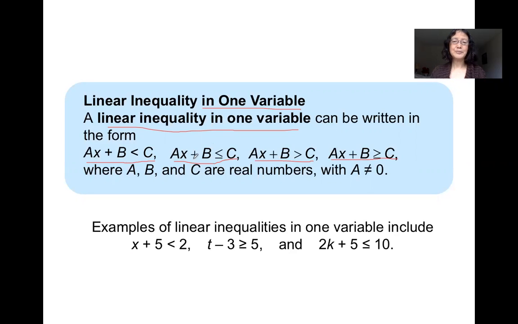The letters a, b, c are real numbers, and the coefficient of x is not equal to 0. Examples of linear inequalities include x + 5 < 2, t - 3 ≥ 5, and 2k + 5 ≤ 10.